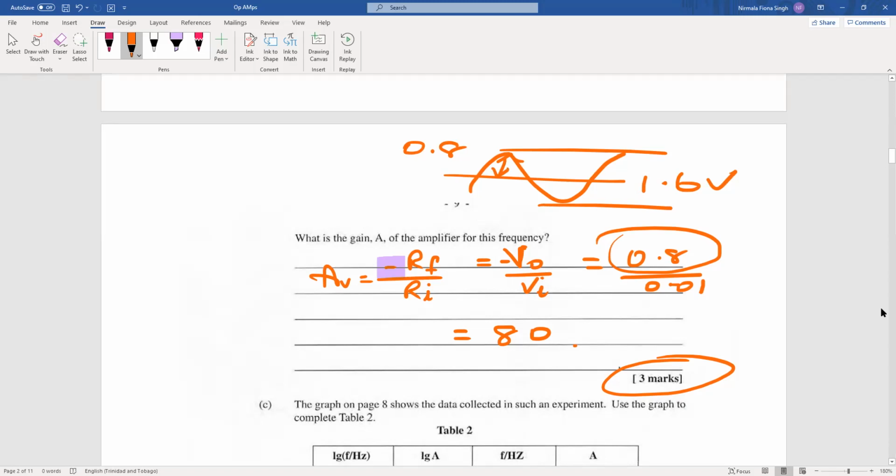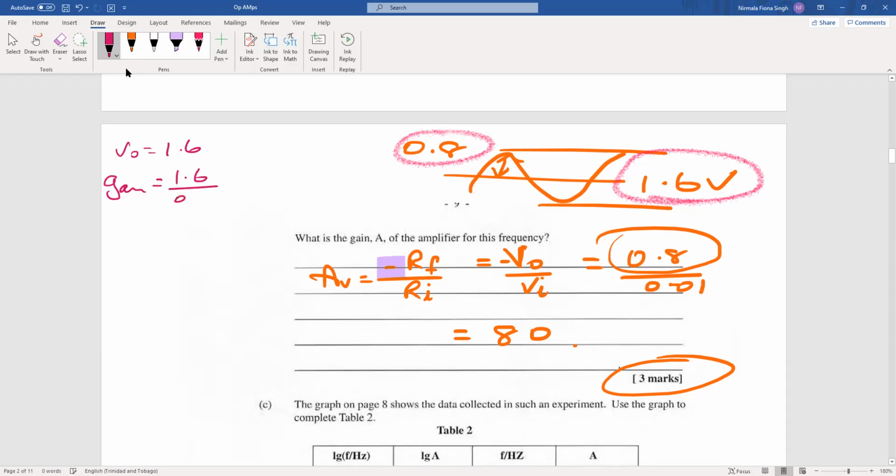All right, now just to check, if I had used the 1.6 instead of the 0.8, let's see what we would have gotten. Suppose your VO was 1.6. Then your gain in this graph would have been 1.6 over 0.01, which is 160, which is bigger than what this circuit is capable of providing.